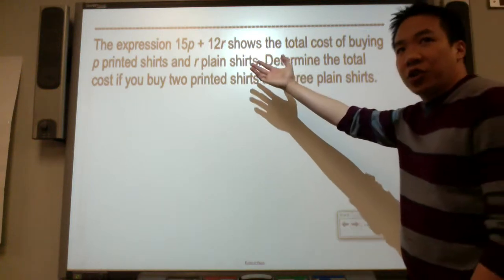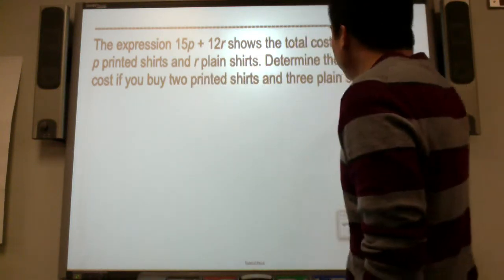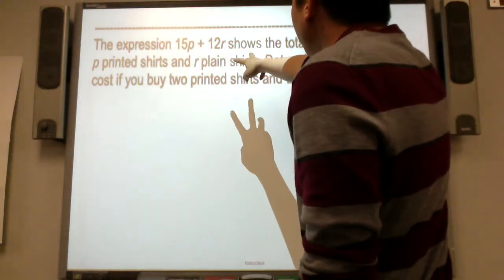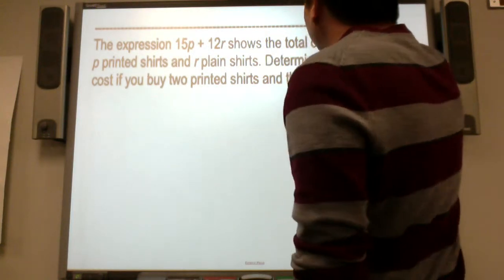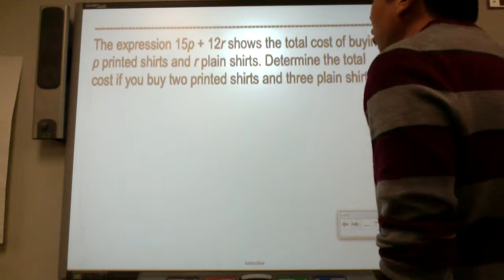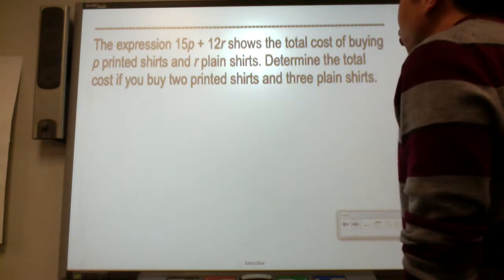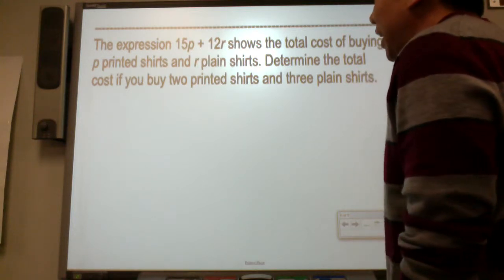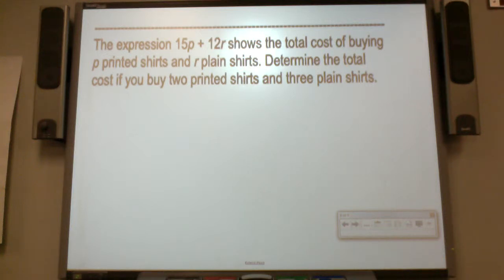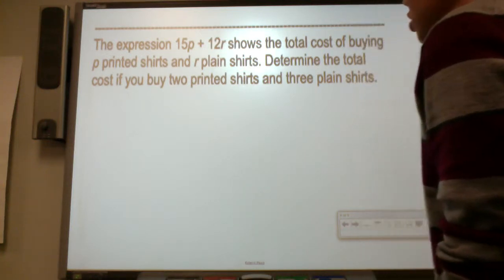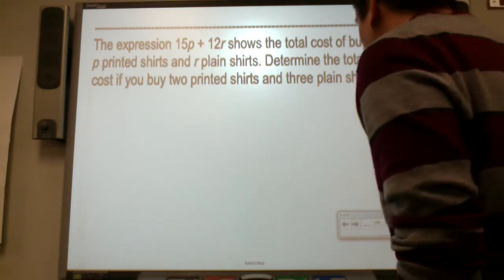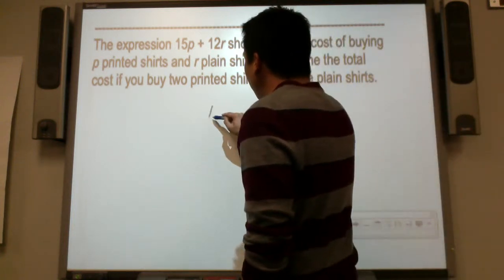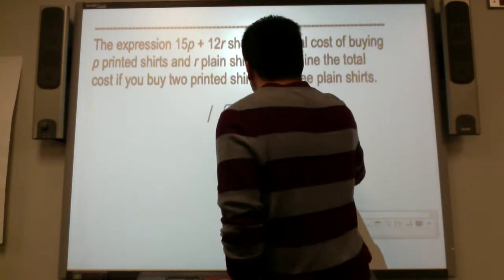So what happens if you're given an algebraic expression? Can you substitute these letters, these variables, with different numbers? So, the expression 15p plus 12r shows the total cost of buying p printed shirts and r plain shirts. Determine the total cost if you buy 2 printed shirts and 3 plain shirts. So your algebraic expression is 15p plus 12r.